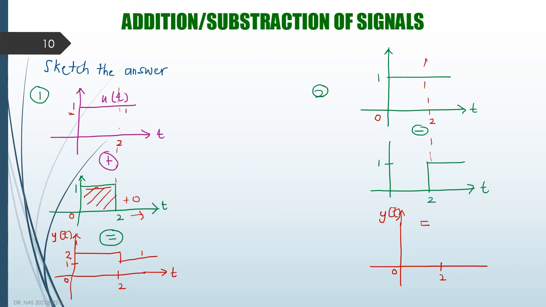You have amplitude of 1, but here it is a minus. 1 minus 0, you get 1. And from 2 onwards, 1 minus 1, you get 0. So this is your final output.